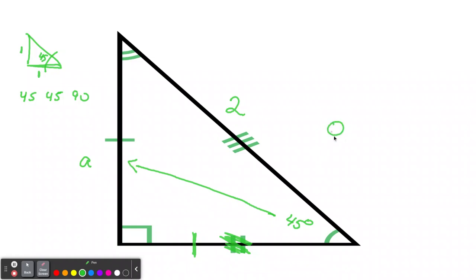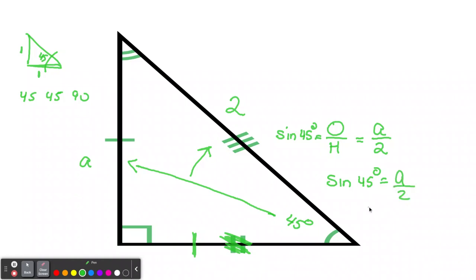So we have opposite over the hypotenuse, so that's sine. This is going to be sine 45 degrees because it's opposite over the hypotenuse. So sine 45, we don't know what the opposite is. We just have it as A, and the hypotenuse we have is 2. So we have sine 45 degrees equals A over 2.